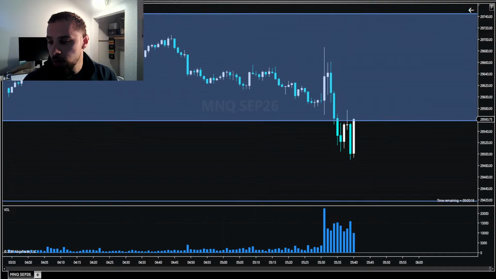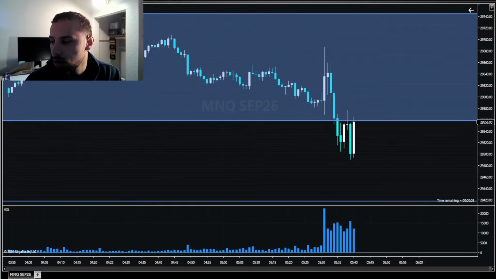Squeezing back up pretty aggressively. I was wrong. This is why trading is hard. This is why you have to be so picky. And this is why you need to trade less and less and less, because the market is so choppy.